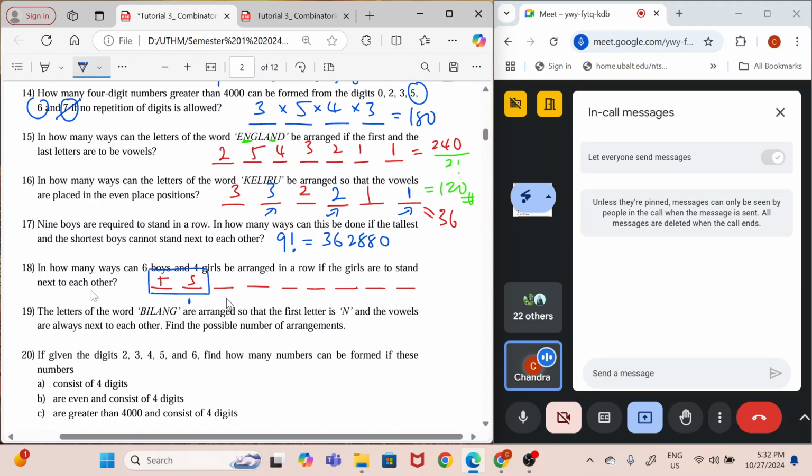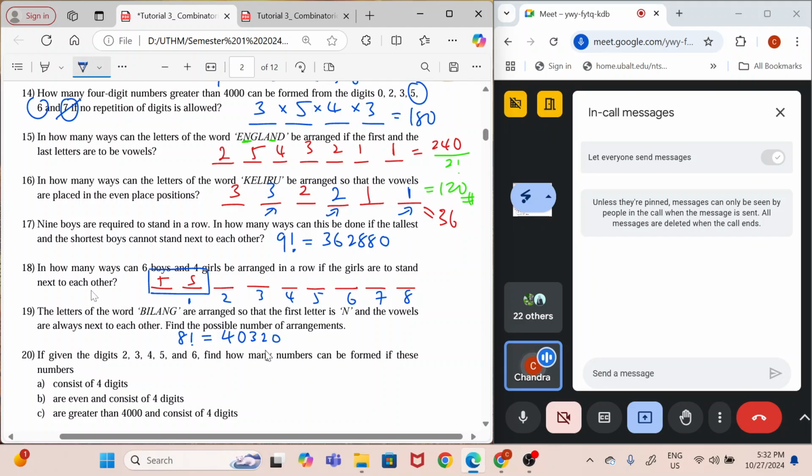This is one gang, 2, 3, 4, 5, 6, 7, 8. So this one is 8 factorial. 40320.